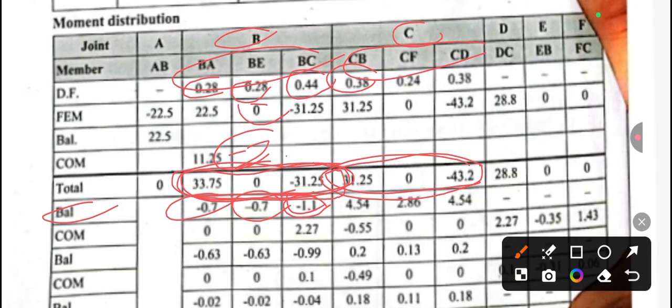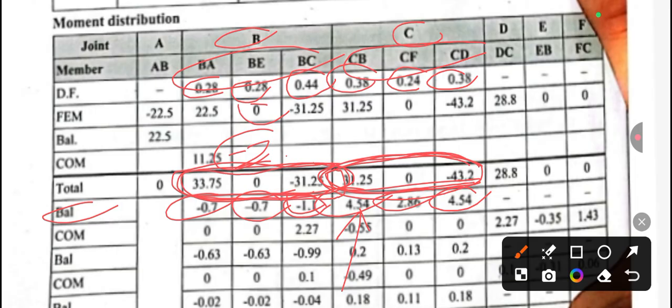So if we multiply by 0.3, we get this value. And again for this CF, add all three values, multiply with the distribution factor and change the sign. Again for this one, add these three, change the sign, multiply the distribution factor and keep it here only.